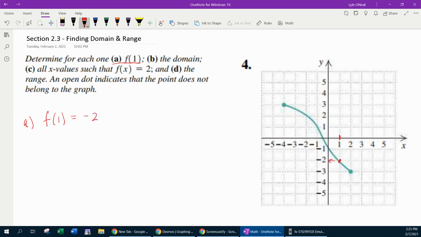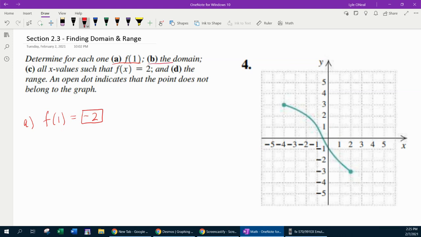And so that answer would be -2. So again, these problems, they're giving you an x and they want you to find y. And the y is how high. Okay, it rhymes. And that's it for part A.